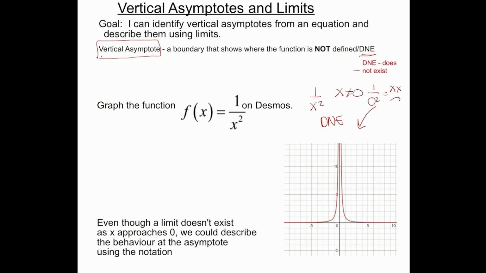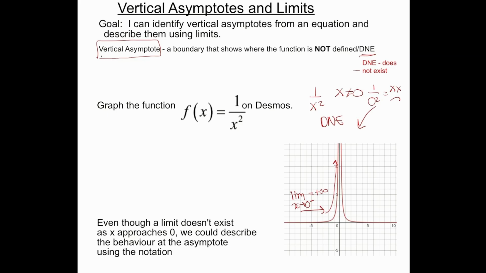So as we approach from the left-hand side, so this is our limit as x is approaching 0 from the left-hand side, what do we notice? Well, we can see that my y value is starting to increase, getting closer and closer to the asymptote, but it is never going to get there. And this limit actually starts to approach positive infinity.